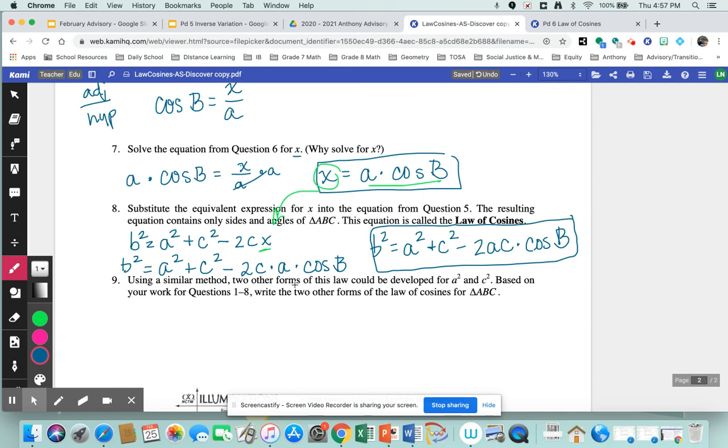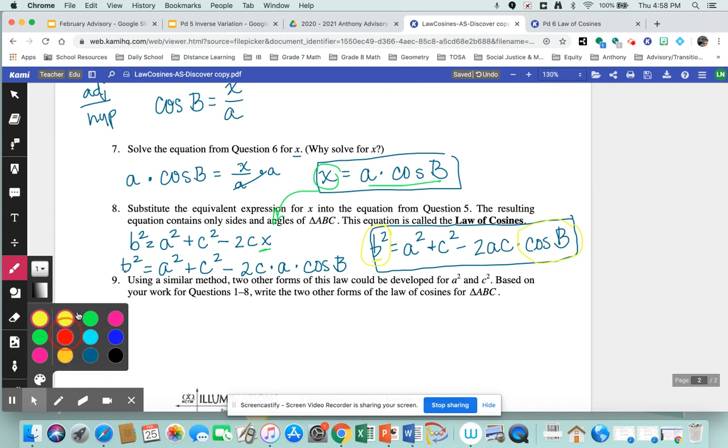Two other forms of this law can be developed for a squared and c squared, so that those would be what's equal to. So if we look at this right here, I just want you to look for some patterns. We have b squared here, and then we have cosine of b. So whatever this is right here, it's cosine of that letter. And then the a and c, we square those sides and then minus 2 times that.